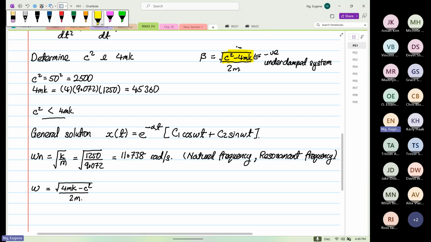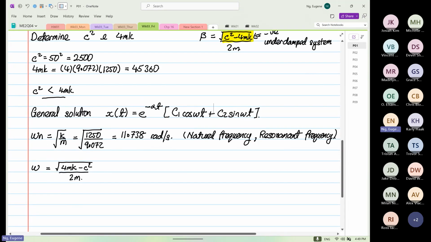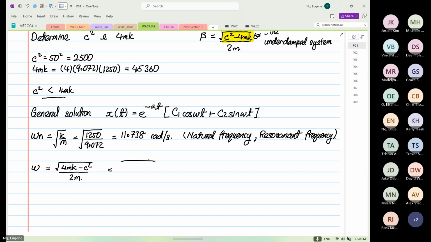Then from here, omega is equal to the square root of 4mk minus c squared, over 2m. So I'm going to introduce the 2m inside, so we have the square root of the whole thing, 4mk divided by 4m squared, minus c squared over 4m squared. And then I don't want to skip steps.